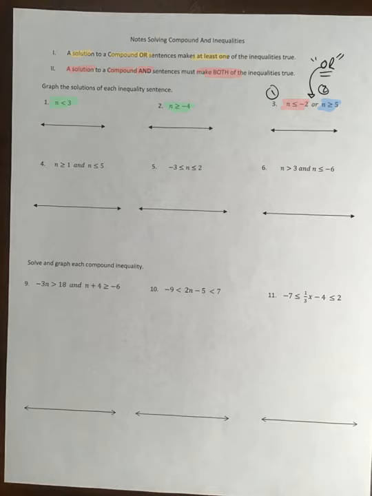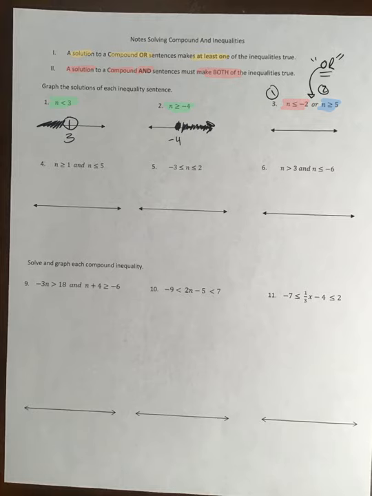Going back to number one, we just want all the numbers that are less than 3, so an open circle and every number to the left. Number two says all numbers greater than or equal to -4, so you should have a solid dot and all the numbers greater than would be to the right. Hopefully your regular graphing skills are really sharp by now.